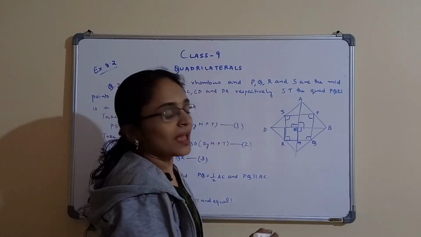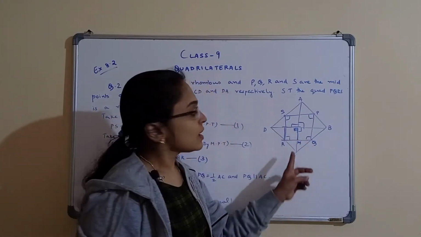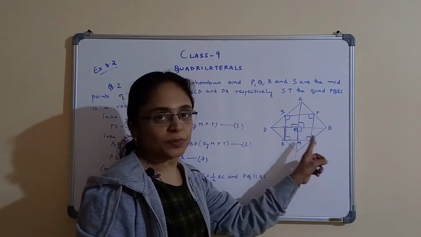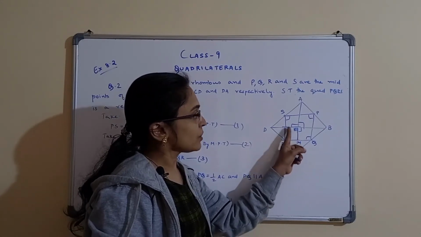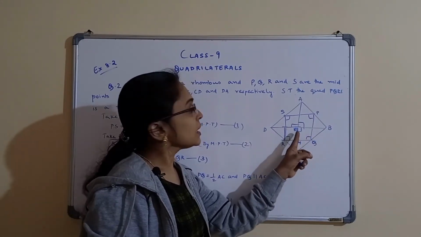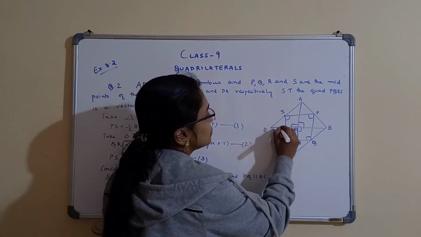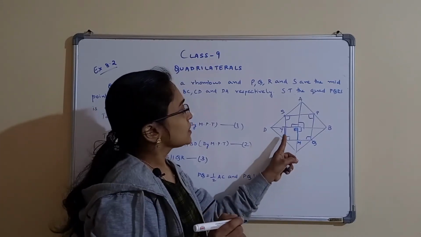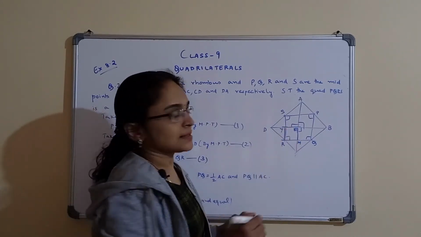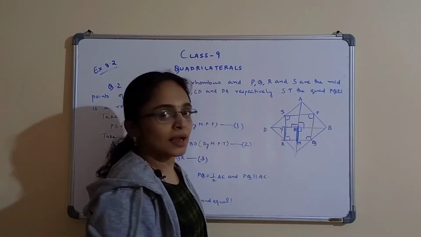Okay. And these two are parallel lines because RQ is parallel to BD, and since this is a part of RQ and this is a part of BD, we can say that this RM is parallel to OY, if we name this as Y. So these are parallel lines and this is the transversal, right?